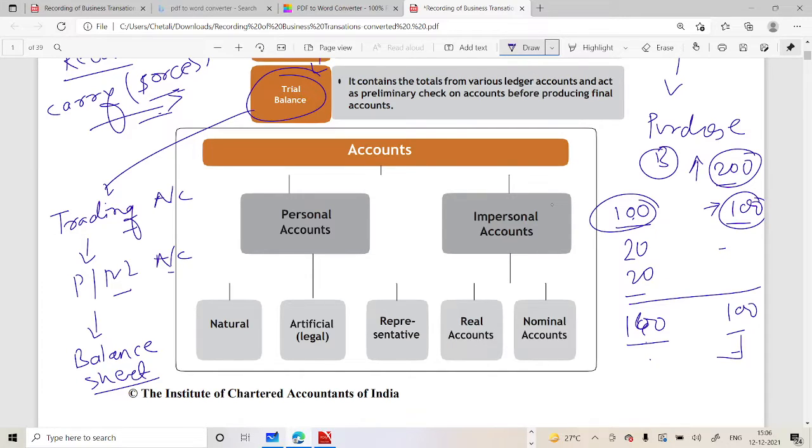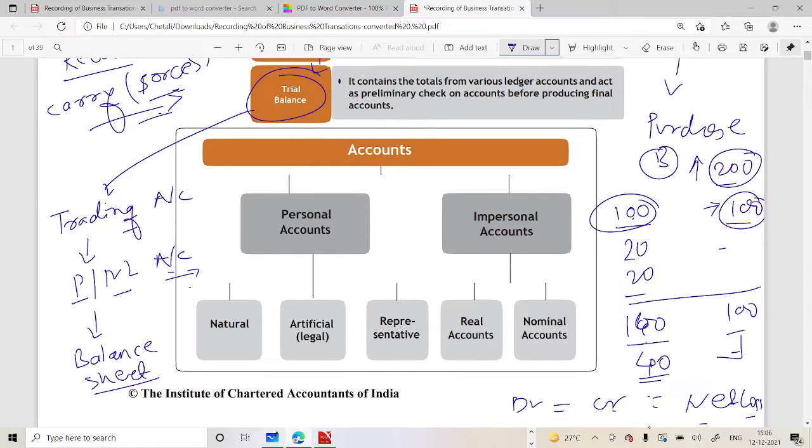It means you have a gross loss in your trading account, which is around 40. So you transfer that loss to the debit side of the profit and loss account. And if the debit side is higher than the credit side, eventually it will lead to a net loss.